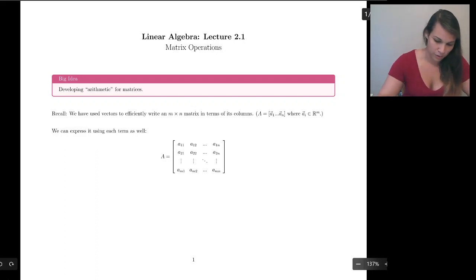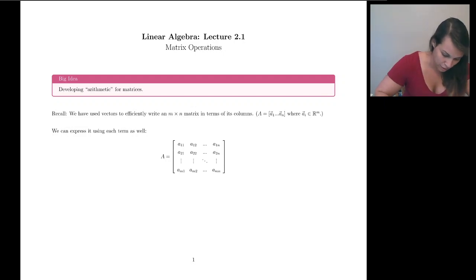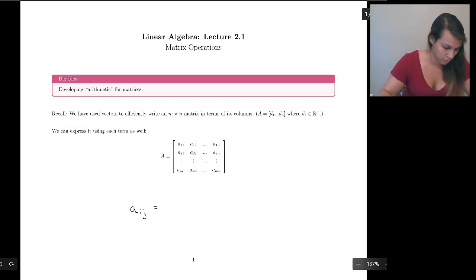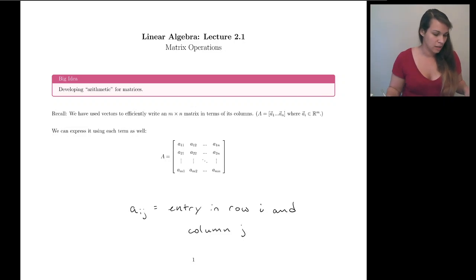So if we were to talk about the entry aij, this would be equal to the entry in row i and column j.